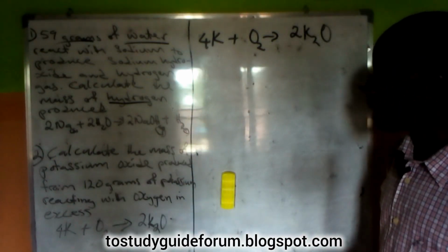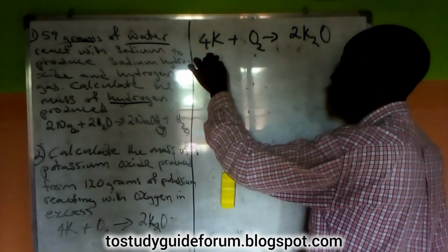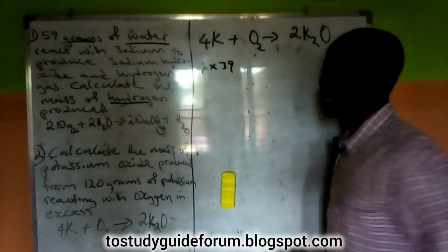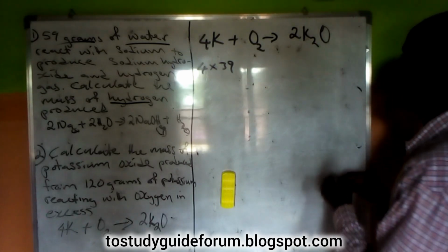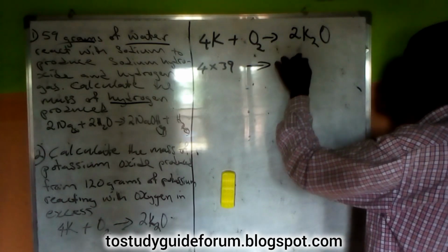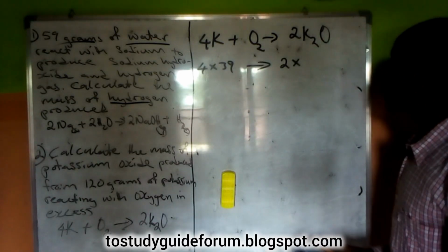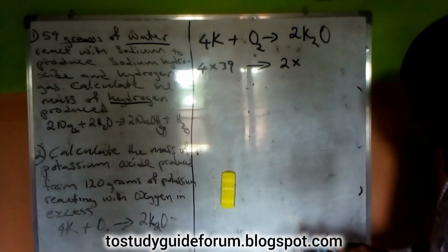So now from this chemical equation, we know that potassium is 39. That means 4 times 39 is equivalent to 2 times potassium, which is 39, plus oxygen, which is 16.